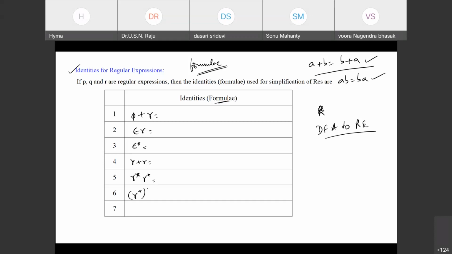And R star whole star. Yeah, you tell the answer for these. Epsilon plus R. R, sir. Epsilon concatenated with R. R, sir. R. Epsilon star. Epsilon. Then R plus R.